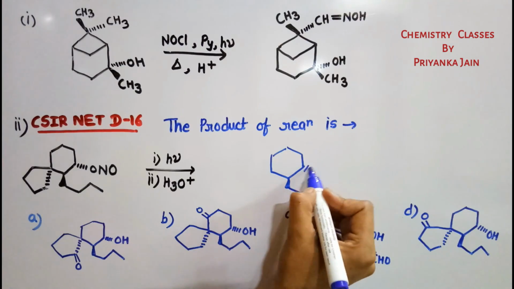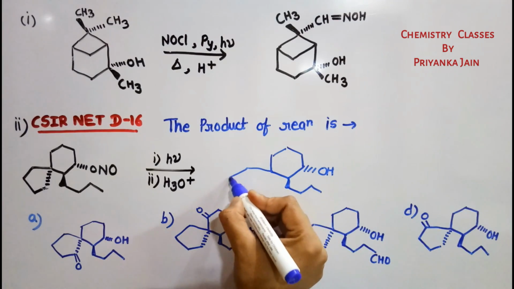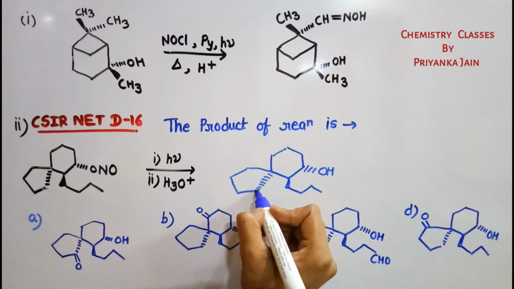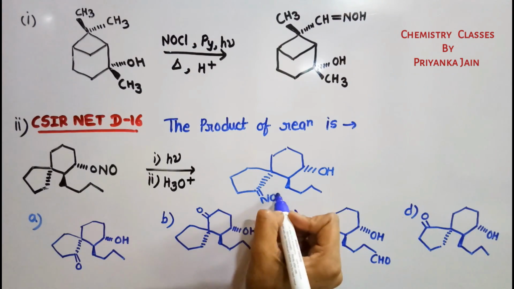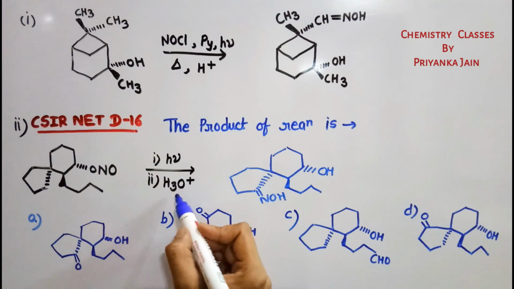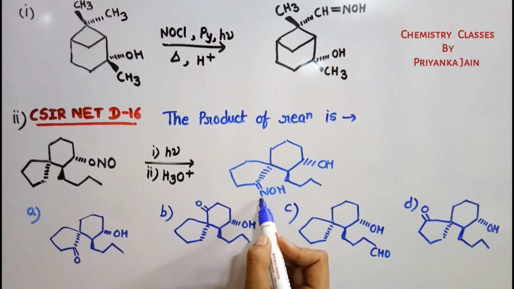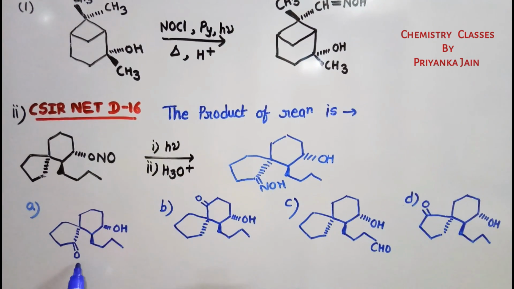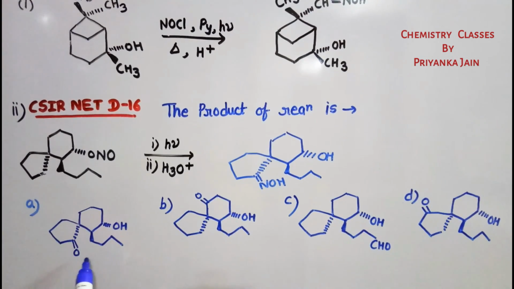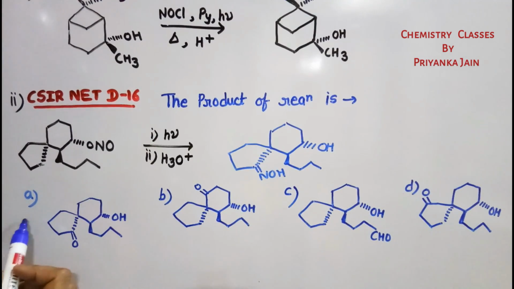Here the OH group will come, and in this position a double bond NOH group will be formed. Now this will undergo hydrolysis. As a result of this, a keto group will form here. It means this product will be formed, and this will be our product. So option A will be the right option.